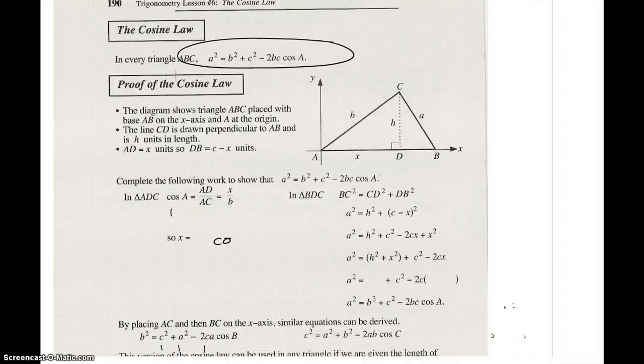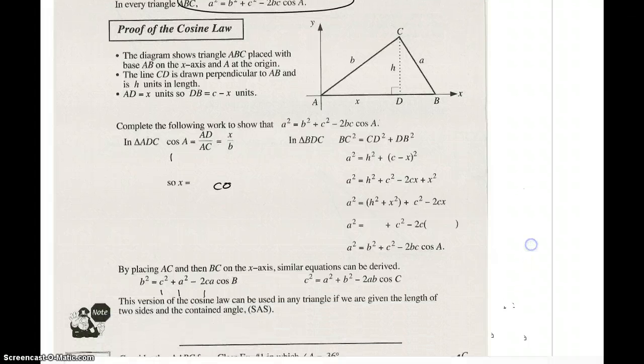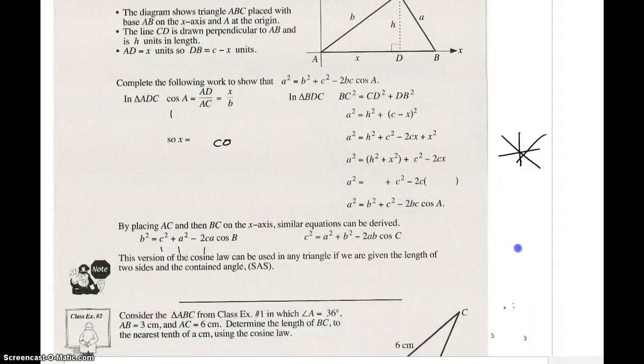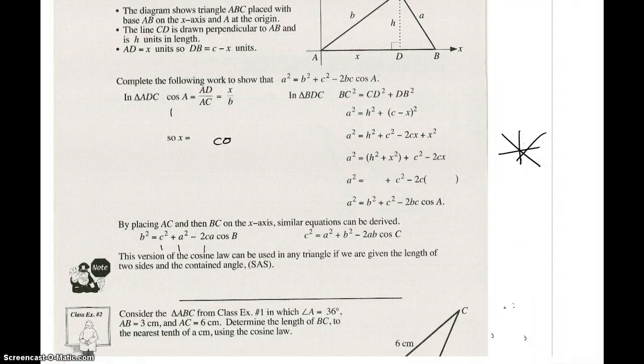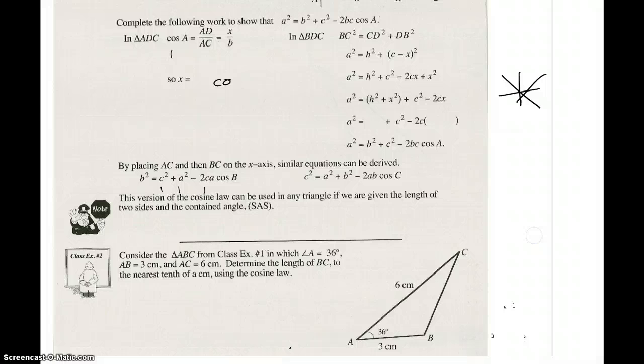I think I'm going to leave this on hold, and I'm going to derive this for you when I'm with you on Monday of next week. So for the time being, we're going to actually use the law and put it into practice. And then, as I said, we'll come back on Monday and I will show you the proof.